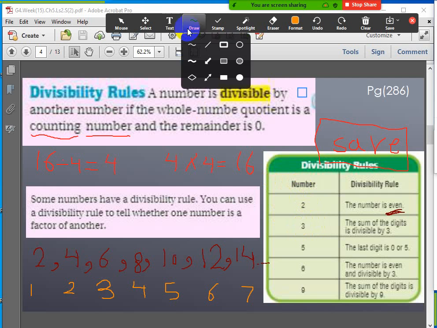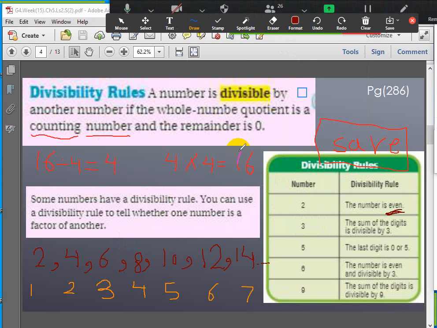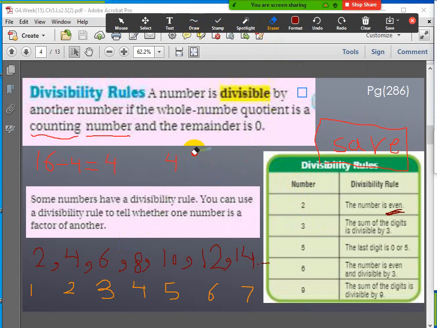Also, if I have a big number, okay, I will erase here. If I have a big number like 34, how will I know if this number is even or not?